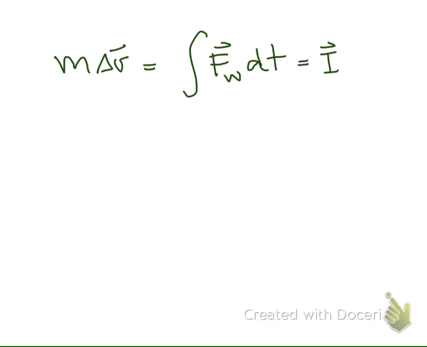And we have that P total is equal to the impulse applied by the wall to the system. This changes the momentum of the system and makes the system move, as we have discussed.